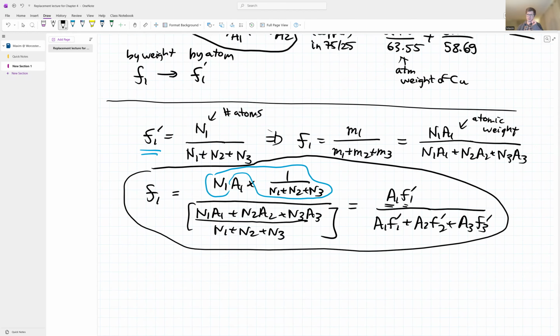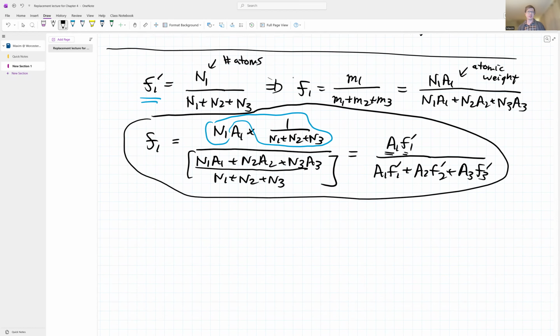Okay. Let's do one more example that's sort of more interesting, and that's modern bronze. If you get some bronze material, it's typically going to be 88% copper and 12% tin.